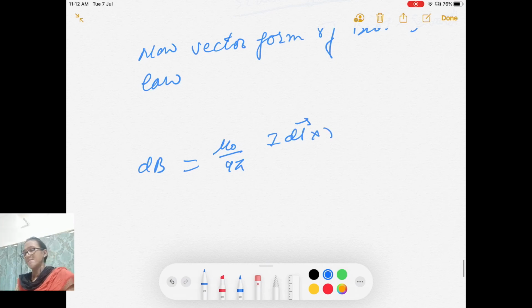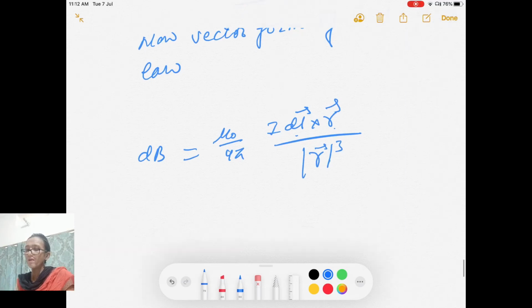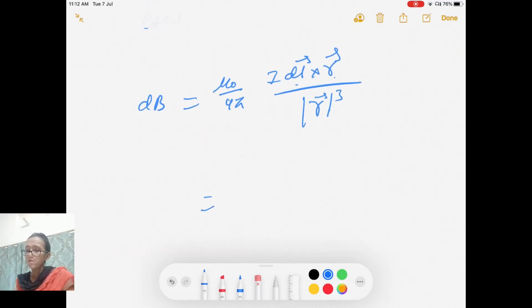You know that vector product of two vectors is equal to dl into r into sine of angle between them. So here 1 r is increased. So we need to increase 1 r in denominator also. So this is your vector form, because when you convert into a scalar form, you again get the same thing, I dl r sine theta upon r cube.